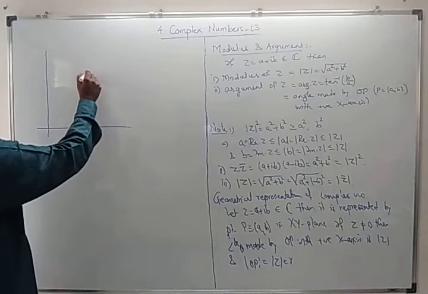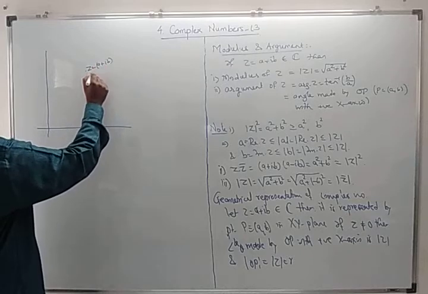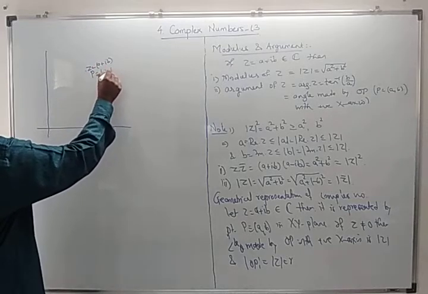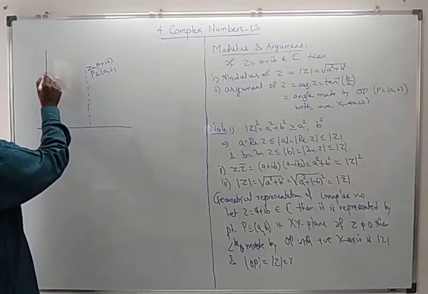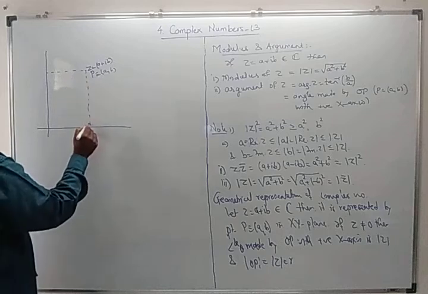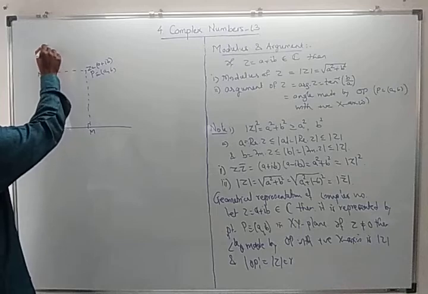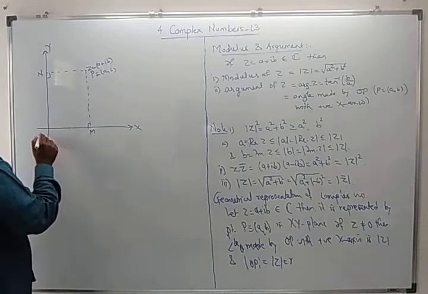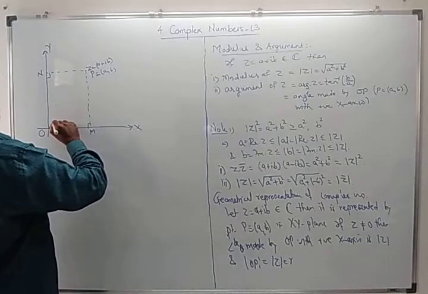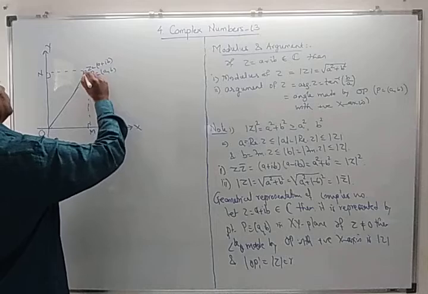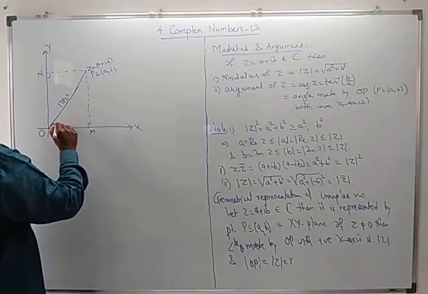So if P is some point z equal to a plus ib, if I represent this by (a, b), drawing perpendicular, say PM, on x and y axis. Okay, so this OP, this is your mod z is equal to r, and this angle made by this is nothing but theta.